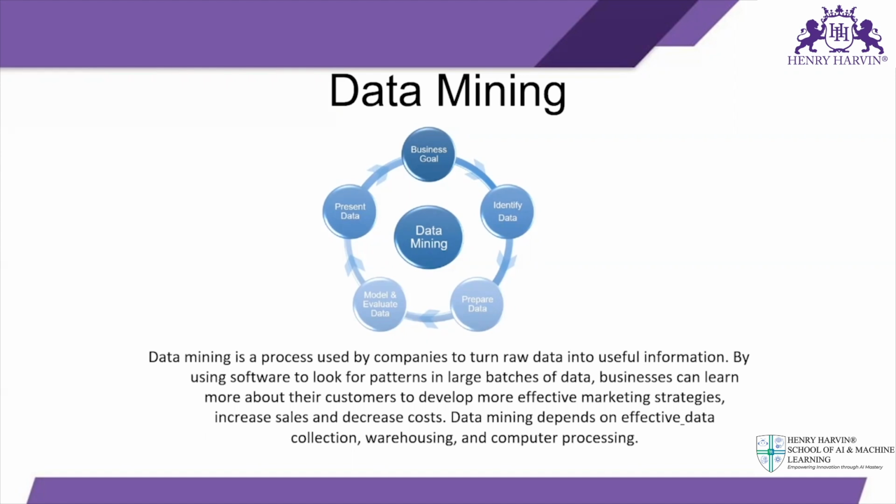So the data is not in a correct format, because 1 2 3 4 isn't the name of any person. So you have to evaluate whether your data is correct or not. After evaluating that, you have to present your data in a correct format so that anyone can use it in further processes. And after presenting that data, you use it for business goals. Those are all the 5 steps which come under the data mining process.